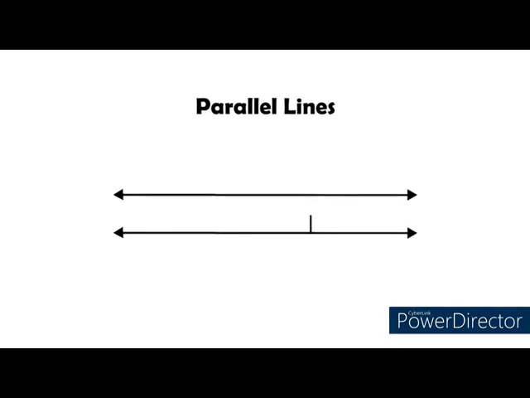Otherwise, we can draw a line from one line to the other, making a 90-degree angle, and on the other side also we can make a 90-degree angle line. If you do that, you will get a rectangle.